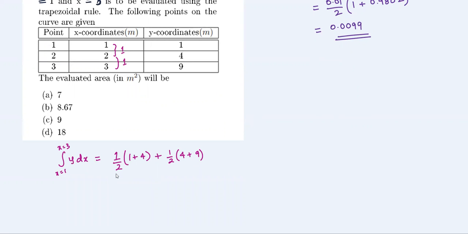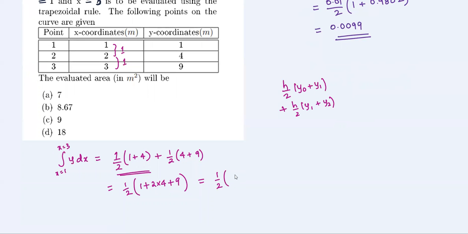Each one is a trapezium, right? What we do is h by 2 into y0 plus y1. The next term is h by 2 into y1 plus y2, and so on. We have only 2 here. So we get 1 by 2 into 1 plus 2 into 4 plus 9.